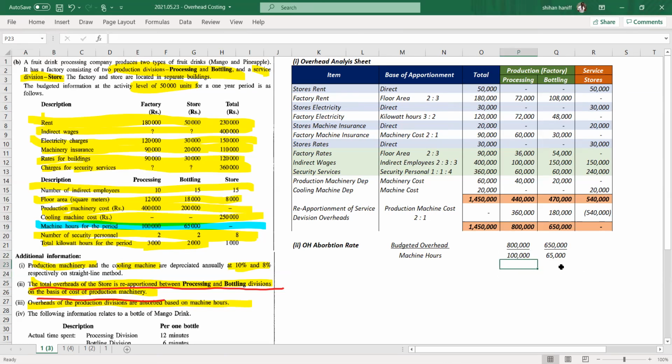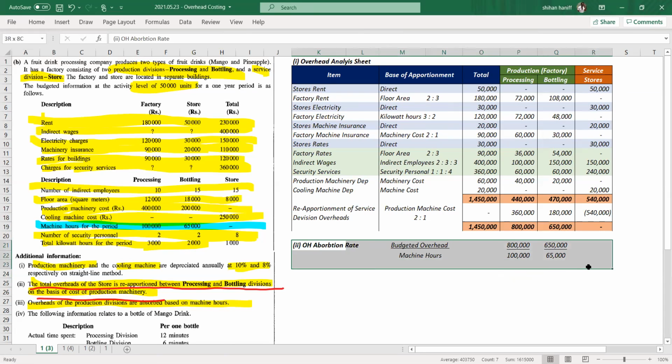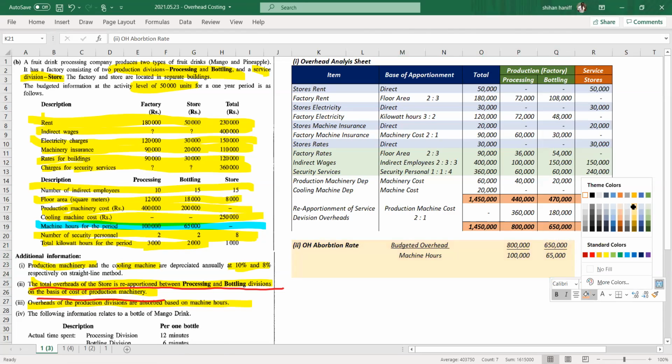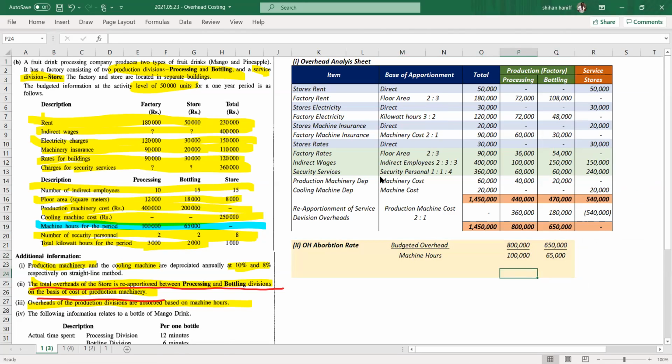Can you all tell me how much is for processing and how much is for bottling? So processing is 8 rupees per machine hour.